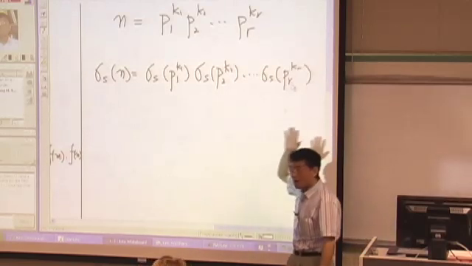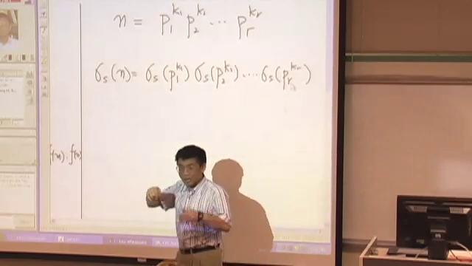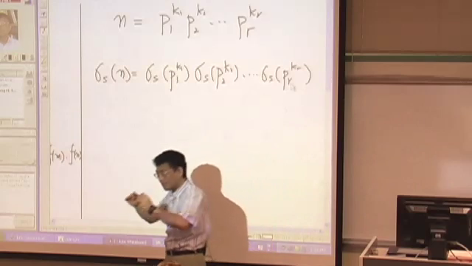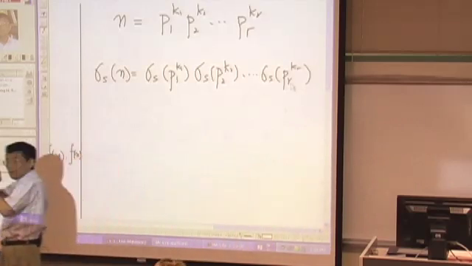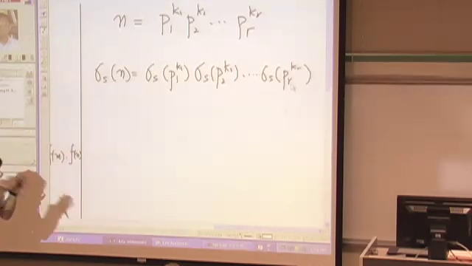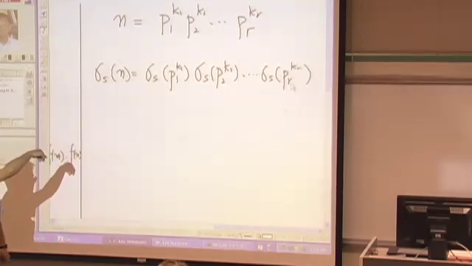This is by the property that the function is multiplicative. Because the function is multiplicative, we don't have to worry about complex divisors, we just focus on prime divisors, and then we extract something.